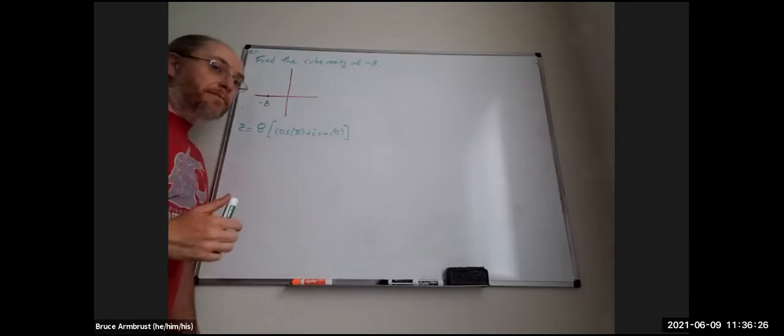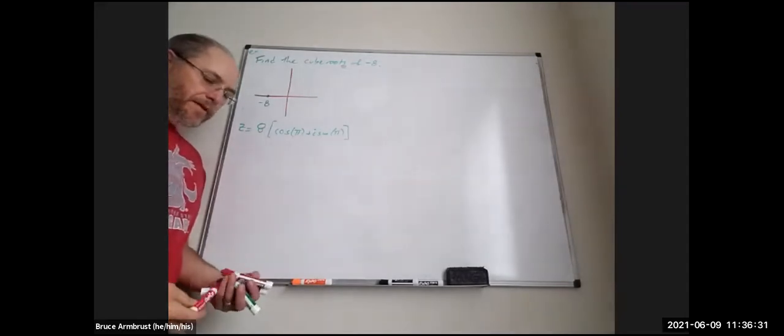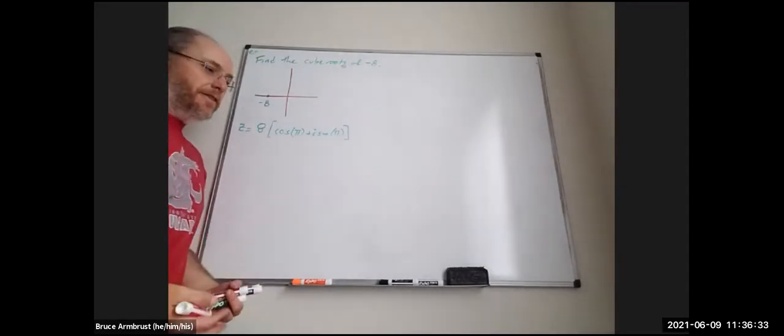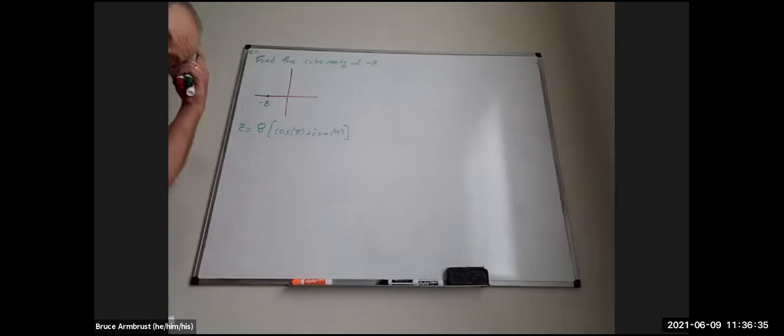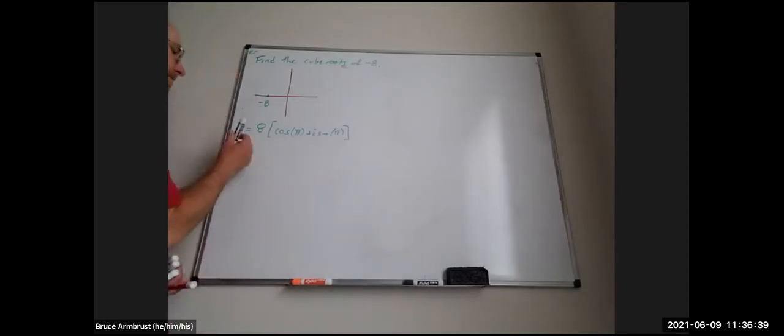So there it is in polar form. All right, so now we're going to go and find the 3 roots. So I'm going to go ahead and label them. We'll start with root number 1. I'm just going to call it R1.